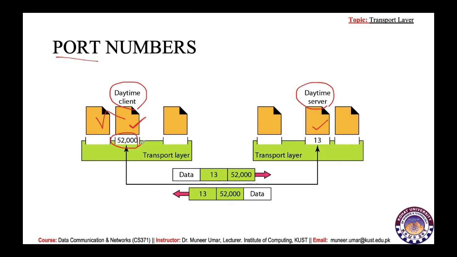This number identifies this process. Similarly, 13 identifies this process. With the help of these two numbers, we can identify these two processes, and these are attached in the transport layer while creating the header that is concatenated with the data.